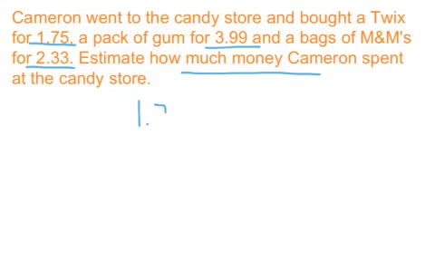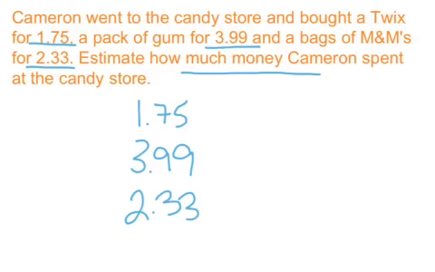So $1.75, $3.99, and $2.33. Alright, let's remember we're looking at our 10th place for this. So 7 is bigger than 5, so our $1.75 we can estimate to $2.